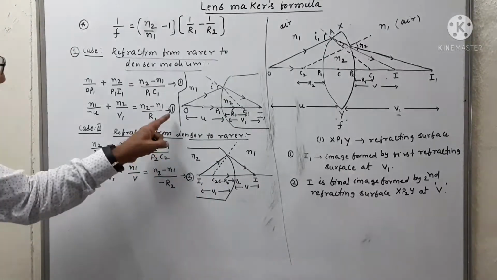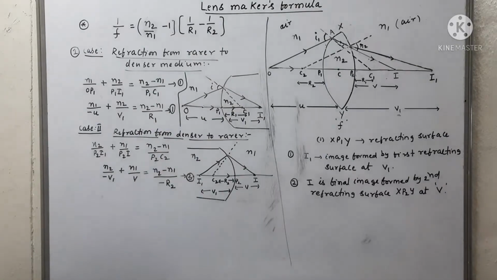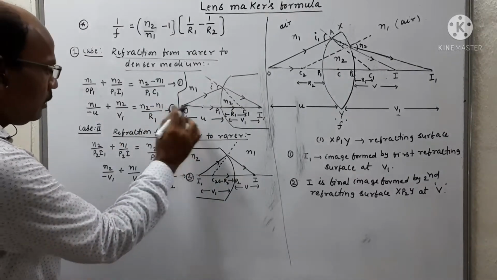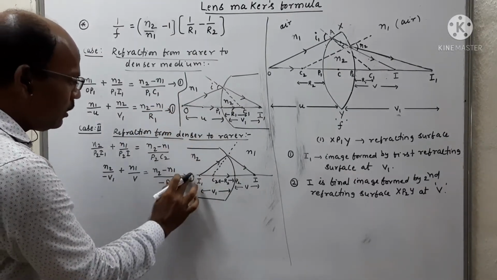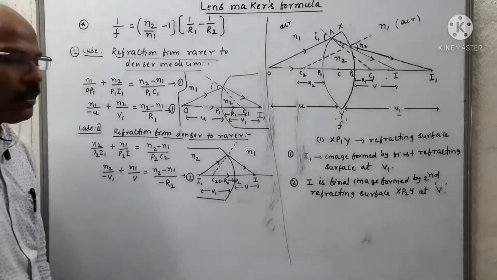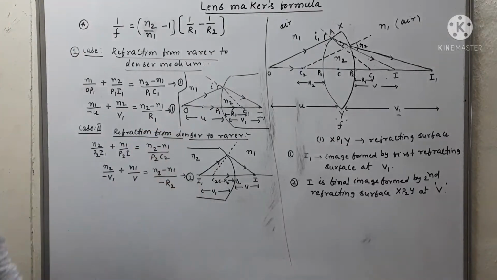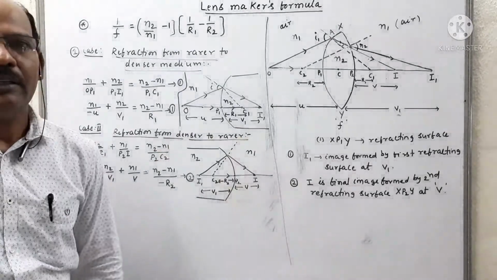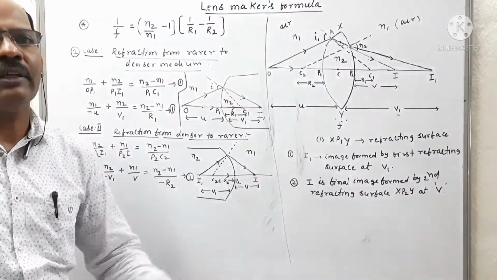So from equation 1 and 2, we add the left hand side and right hand side.